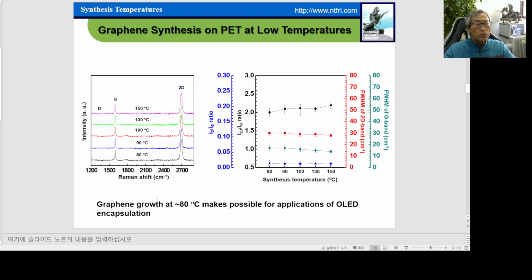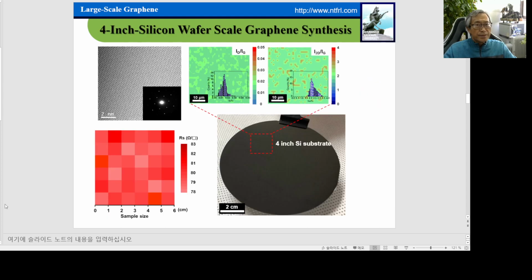This is a very important result. This one shows high quality by TEM analysis: we analyzed the HRTEM image and the Raman mapping image using the 4-inch wafer scale graphene grown at 100 degrees C.